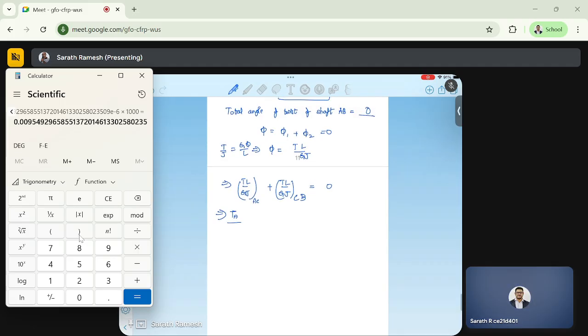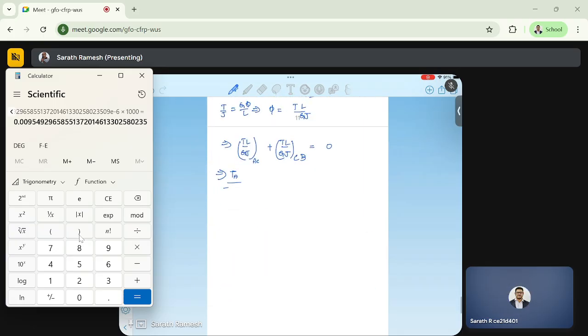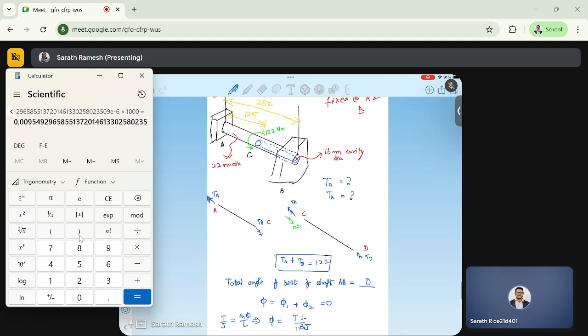What is J of AC? Pi by 32. What is the diameter? 22.